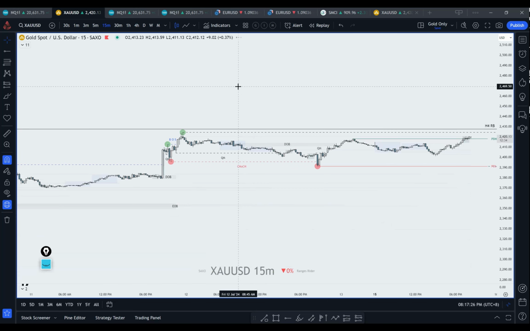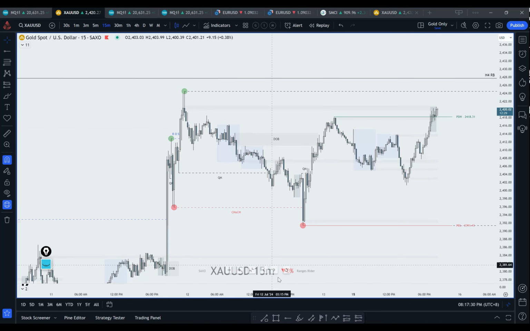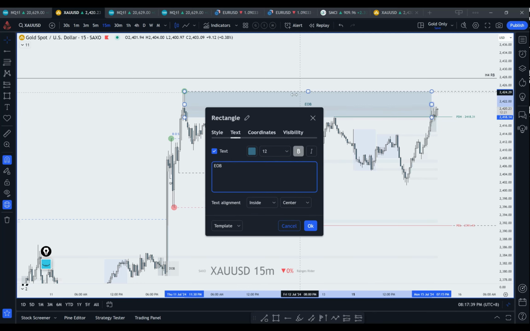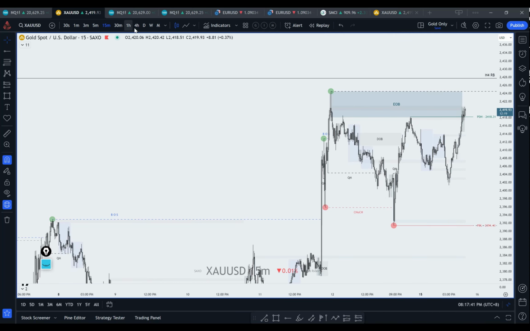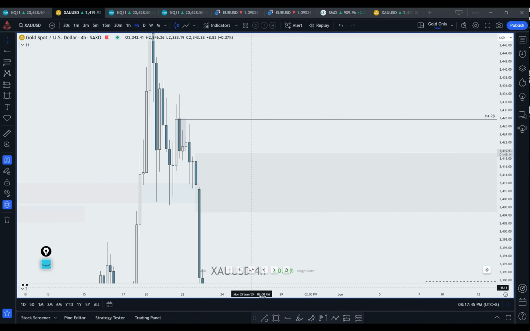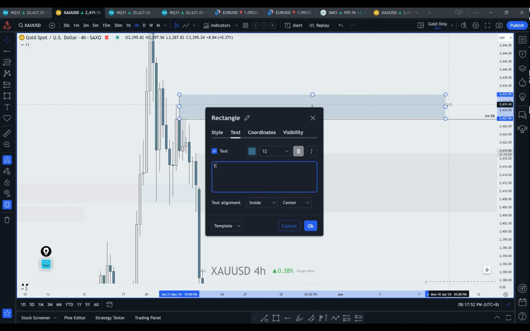So if this is the H4 rejection block, let's go to the M15 time frame and look here. You always have two types of POIs. Number one is the EOB, and number two is called the external order block.